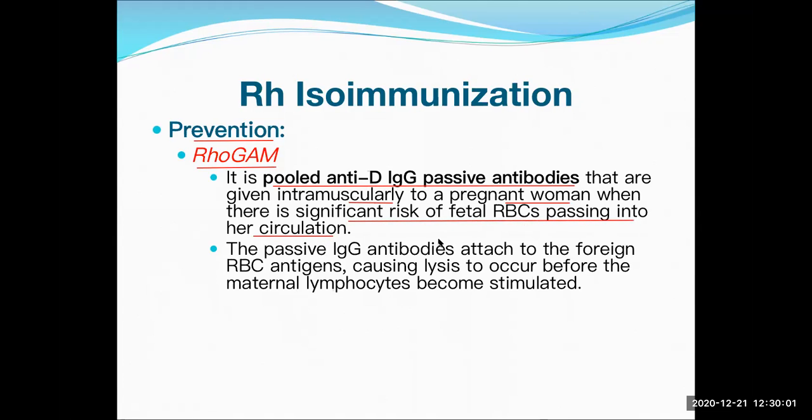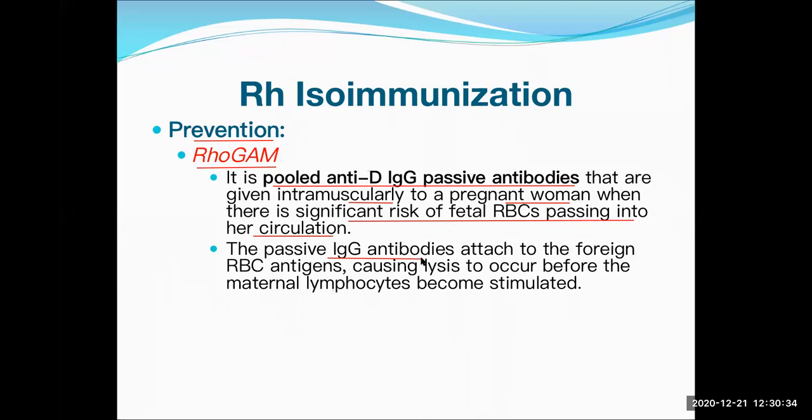Now, what it is doing, it doesn't allow those fetal RBC to mount the reaction in the maternal circulation. Means the mother cannot form antibodies against this fetal RBC. If we give ROGAM, if antibodies are not formed, then there is no chance of hemolytic disease in the newborn. So this is the main principle of giving ROGAM.